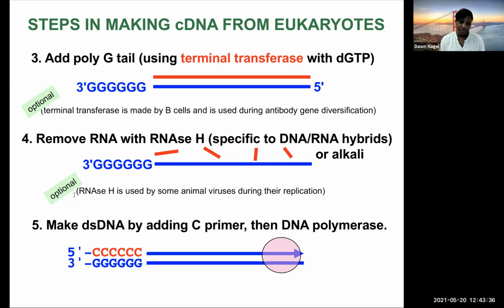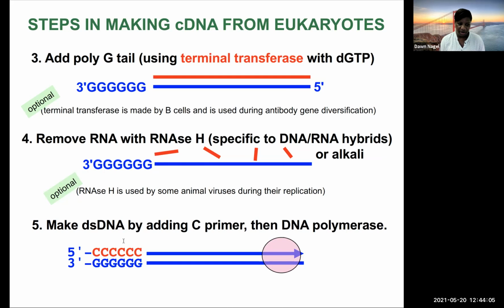So this is something again that is optional, depending on the procedure you're using in your lab, right? Some labs prefer to use alkaline, some labs prefer to use RNase H. It really depends on the system that you're working with and what protocol you're using. So it's kind of either or.